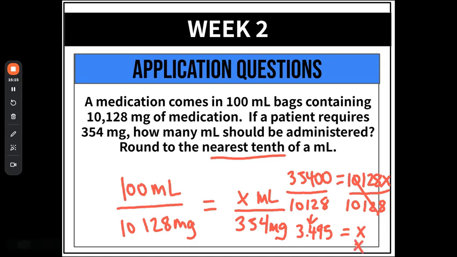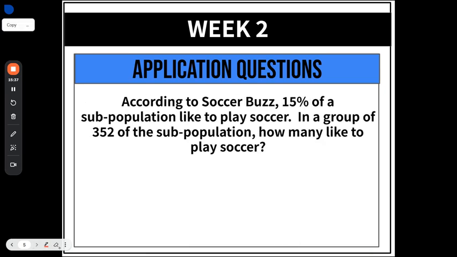So that means we're going to have x equals 3 point, this gets rounded up, 5 milliliters. Good job. As we move through rounding, you guys will get more comfortable with the rounding rules. Practice makes perfect.